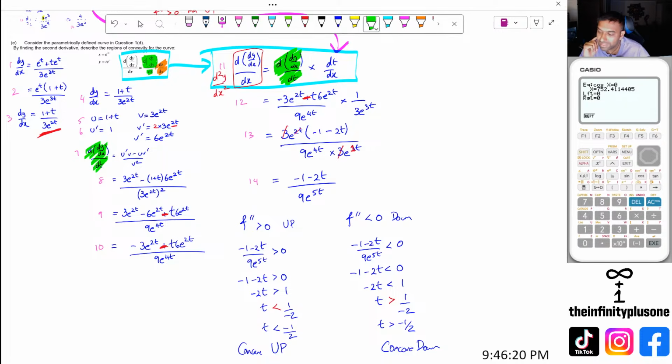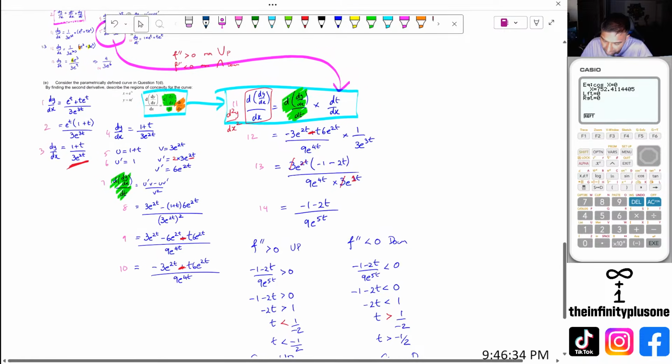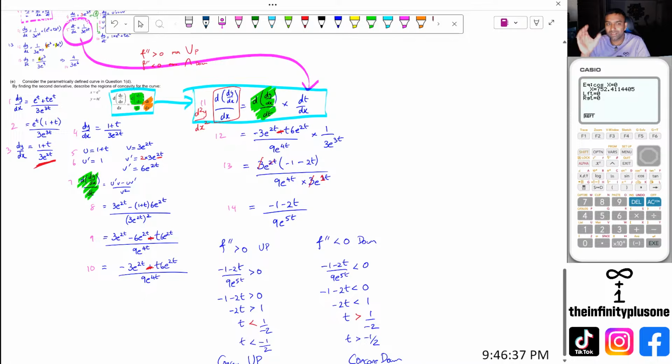F double dash of x equals 0, Juntri, that's usually considered a point of inflection. Spades, if you ever forget it, think about it like this. You know how you have minimum points and maximum points?